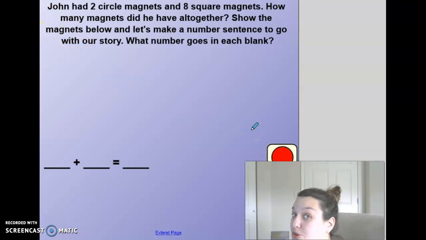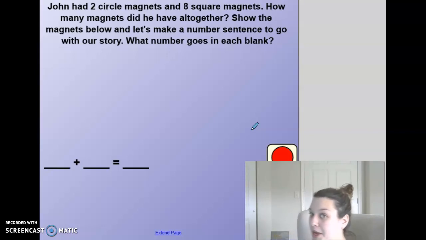Now, super challenge time. I'm going to read you the problem, so you're going to listen. And I want you to draw the picture, pause me, and then we're going to do the problem together. Okay? John had 2 circle magnets and 8 square magnets.